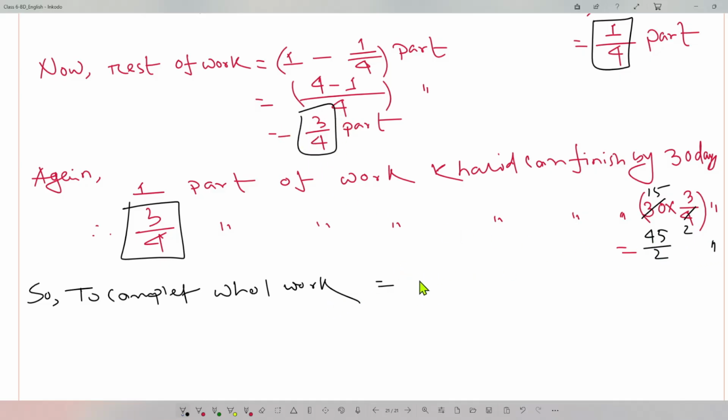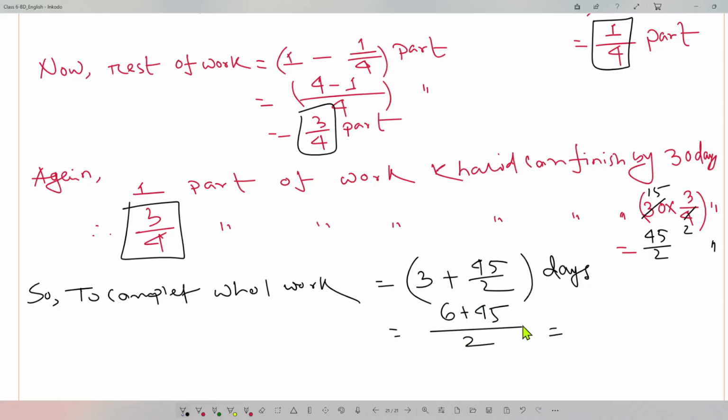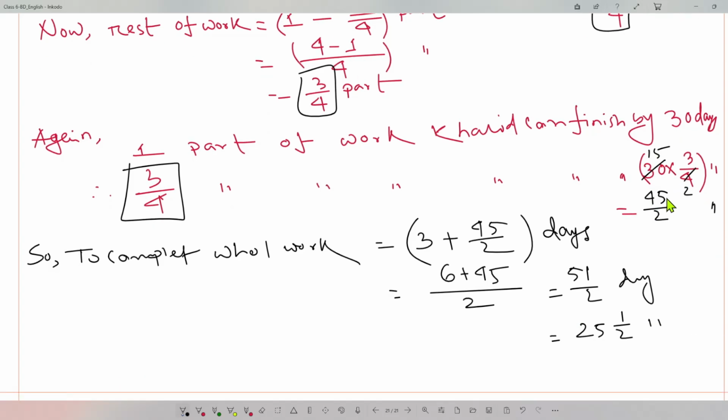So total days is 3 plus 45/2 days. So LCM 2, 6 plus 45, it means 51/2 days. So we can say they need 25 1/2 days. It means 25 and a half days are needed to complete the work.